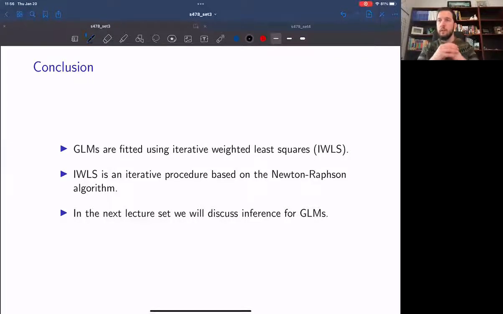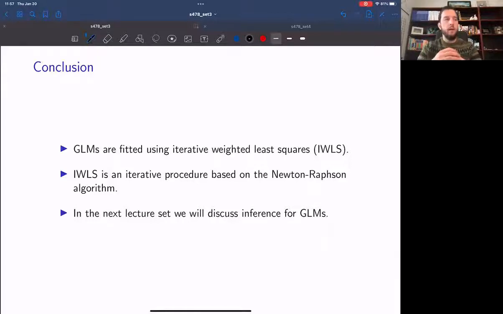It is a pretty similar idea to the weighted least squares process used in the MLR case, where we have X transpose X inverse times X transpose Y. Same idea here, except we're weighting the X transposes using the matrix W, where the form of W changes depending on the structure of the GLM you're fitting and the linear component associated with it. This IWLS process is essentially a Newton-Raphson algorithm. That's why we started the lecture set looking at the Newton-Raphson algorithm and its associated properties, and we also looked at it in the lab.